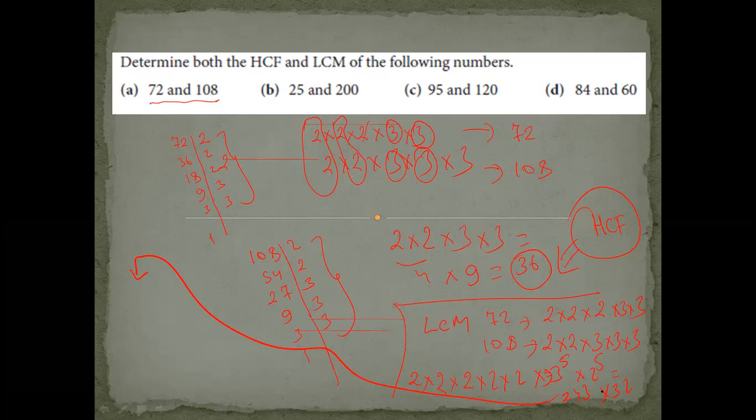So there we have the multiplication, and it is 7,776.